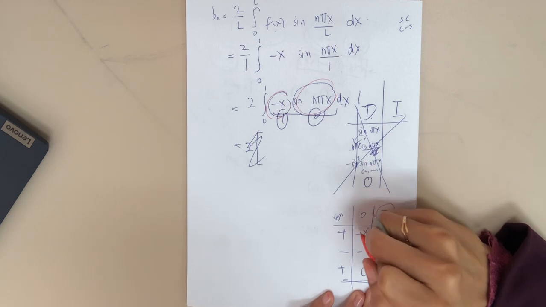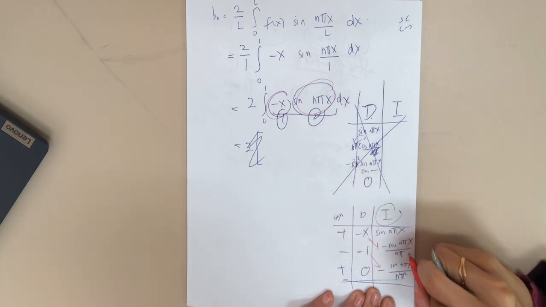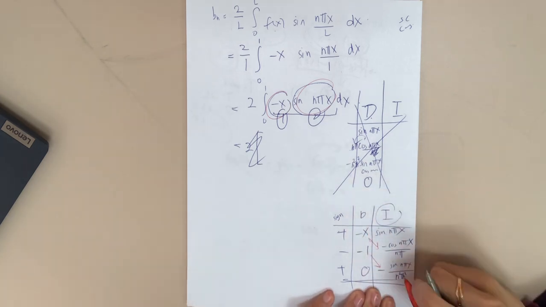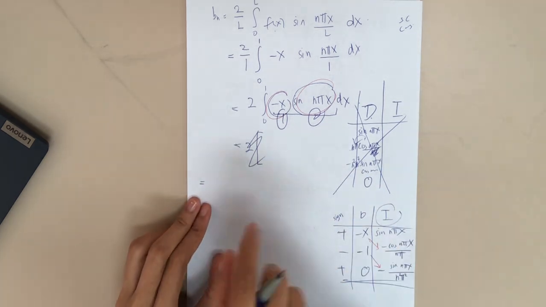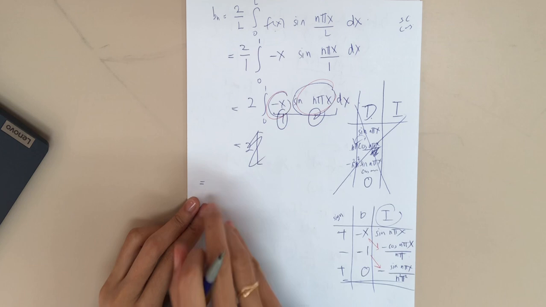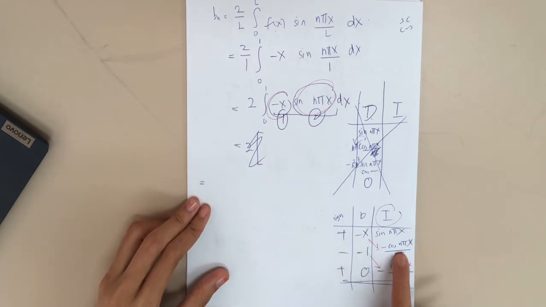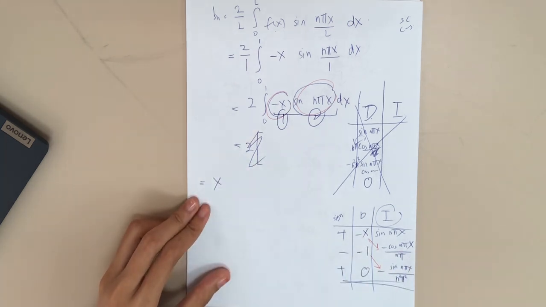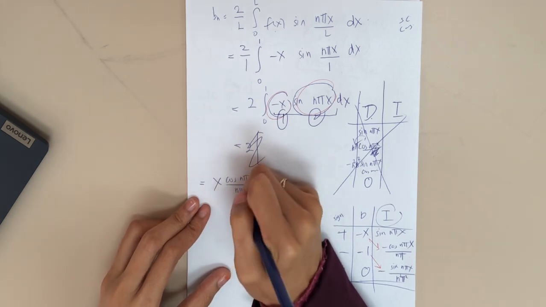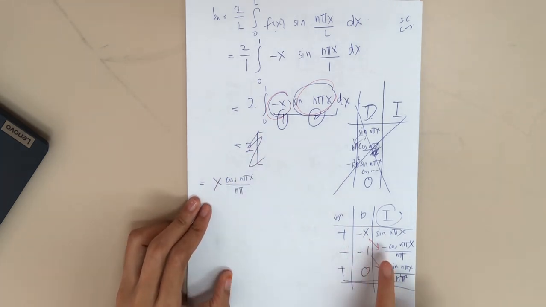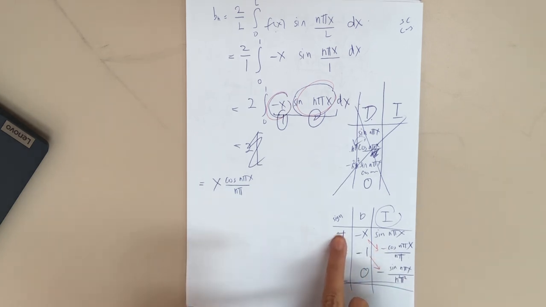You will multiply negative x with the negative cos, negative 1 with the negative sign. So what do we get here? Just substitute what we have here into your step here. So negative x times here, you get positive, okay? Positive x cos n pi x over n pi. Negative, negative, positive, and then you have positive, so positive.